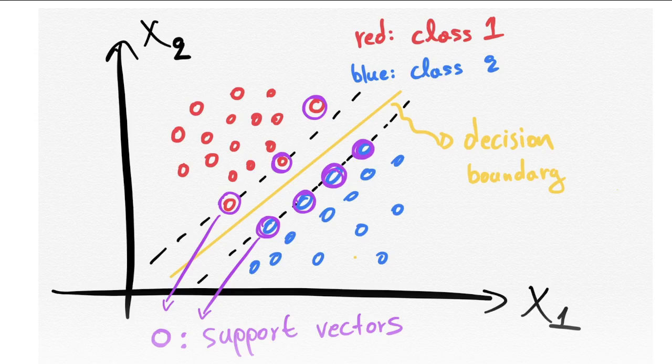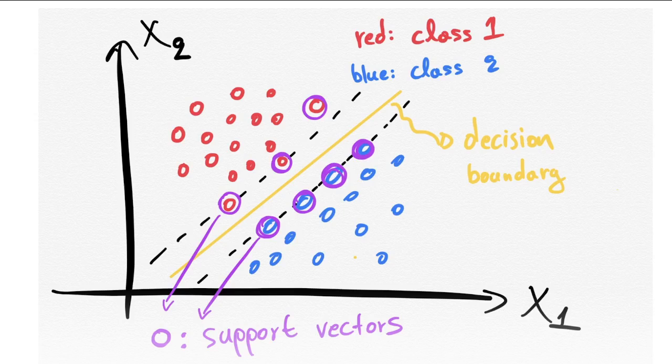Now, usually with one of these boundaries, it would take into effect the weight of each of these dots. But with SVM, these support vectors here, the ones in purple, are the only ones that are dictating where that line goes. So if I were to remove the red dots without purple circles around them, that yellow line, that decision boundary, would actually not move.